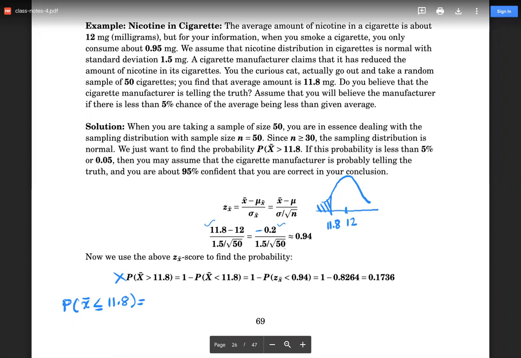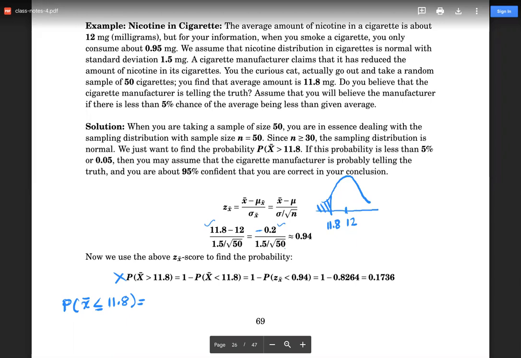So that is 0.2 times square root of 50 divided by 1.5.